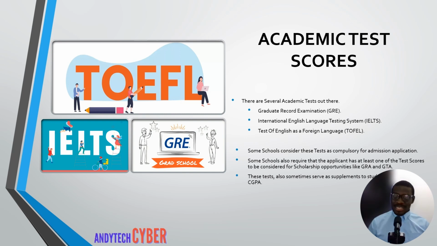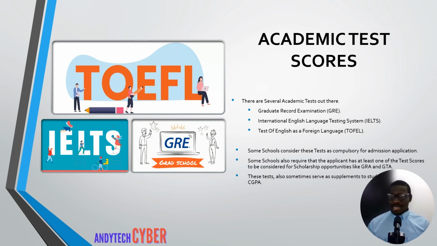Now, this is what happens. If you have, let's say, first class or second class upper, and you pass GRE, bro, when you apply for a school, they will consider you as soon as possible. Really swift. Why? Because they see you to be a perfect student.